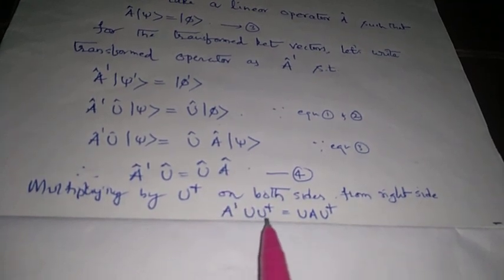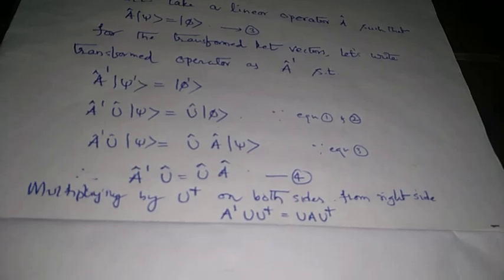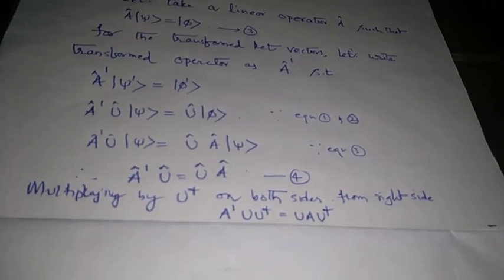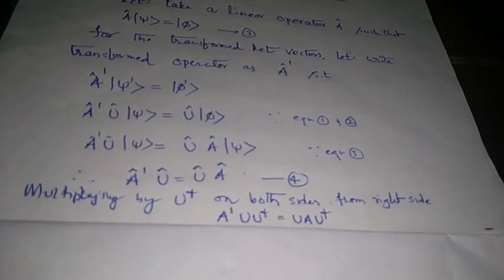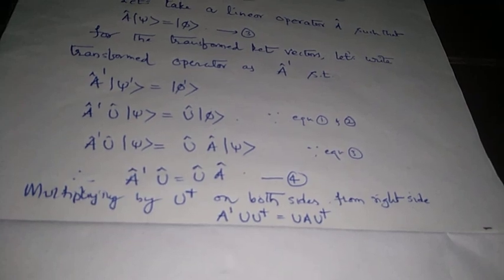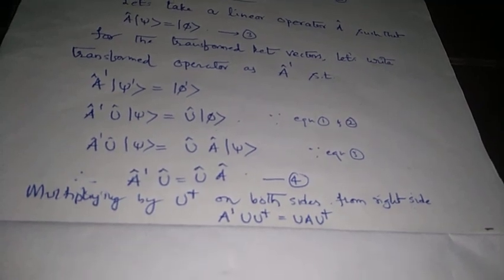And by the property of unitary operators, U U dagger is equal to U U inverse, and that's equal to the identity operator I. That is, since U dagger is equal to U inverse and U U inverse is equal to I, we can get A prime is equal to U A U dagger.